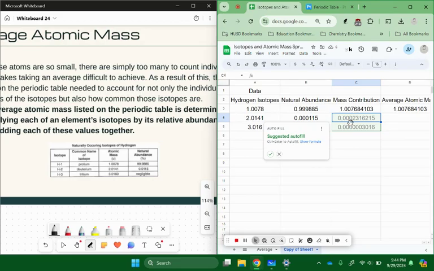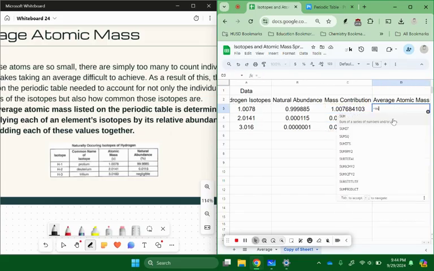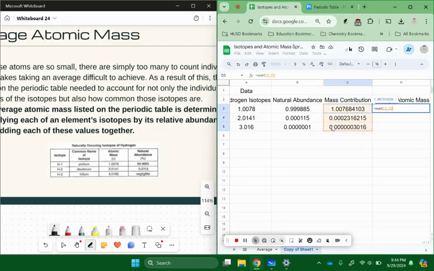And luckily, the calculation's smart enough to figure this out. Now I'm going to take the three of these and add them together. Equals sum. Sum is just adding it together. I'm going to highlight all three of those, hit enter. And I get an average atomic mass of 1.0079.